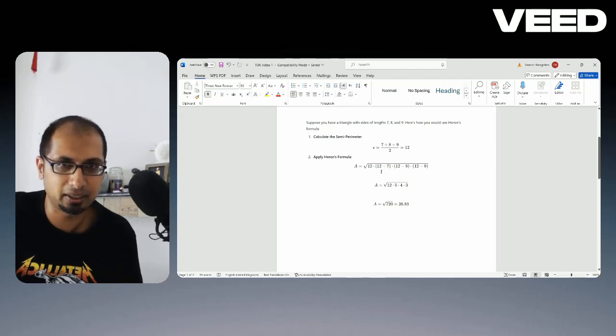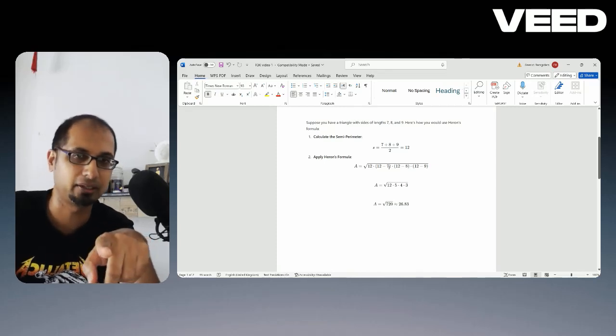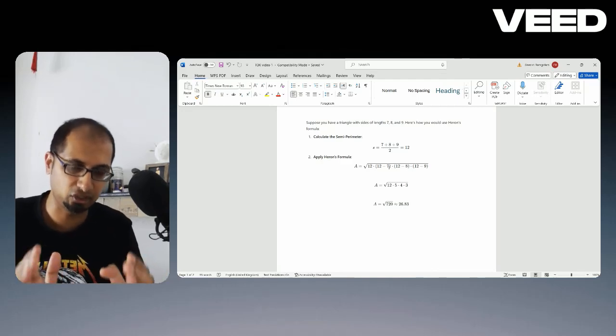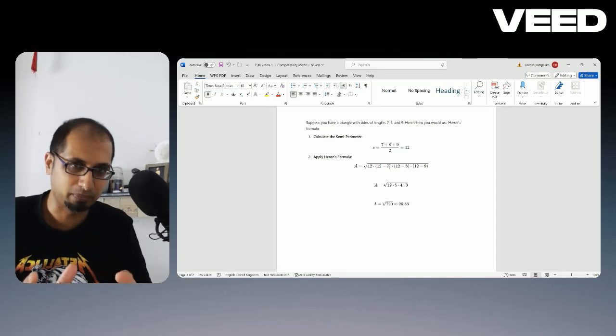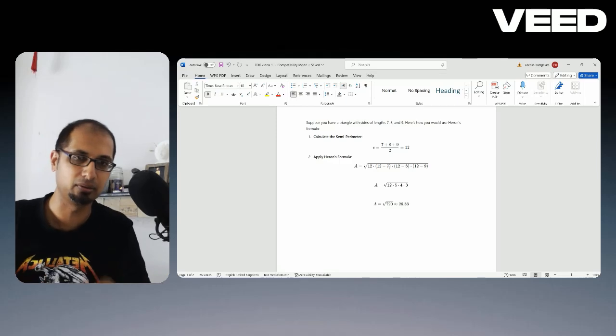So the 12 is multiplied by the semi-perimeter subtracted from each side length, and those are multiplied together. So you basically have the semi-perimeter subtracted from each side, a product of that, multiplied by the semi-perimeter, and then you square root that.